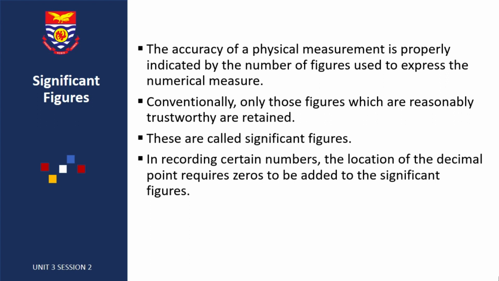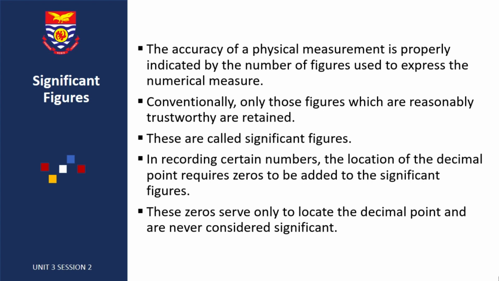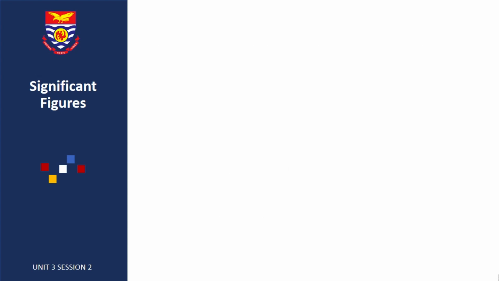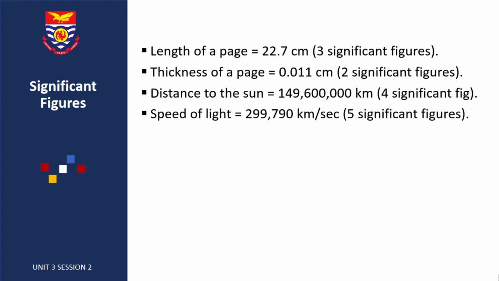The 0 which has been added is only to indicate the number of decimal places, and in this case, that particular 0 is not significant. Like I said, these zeros only serve to locate the decimal point and are never considered to be significant.